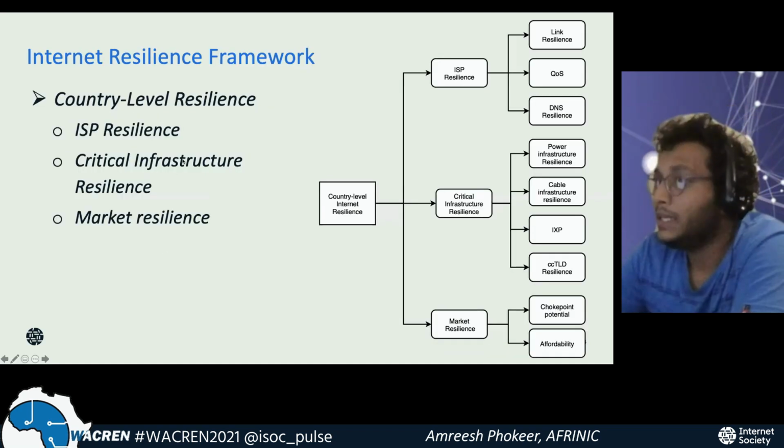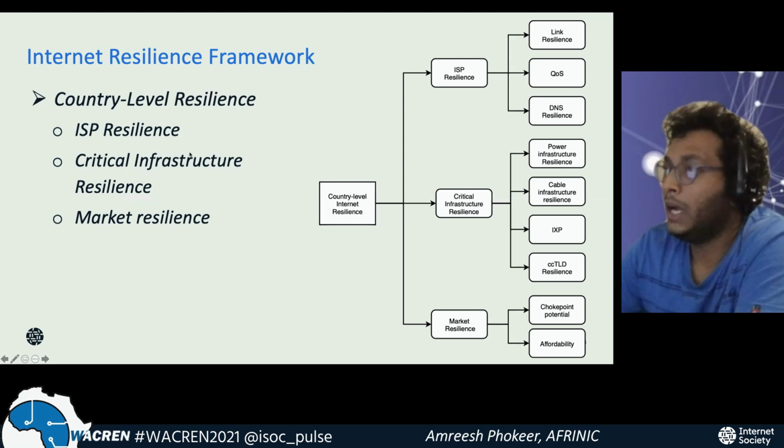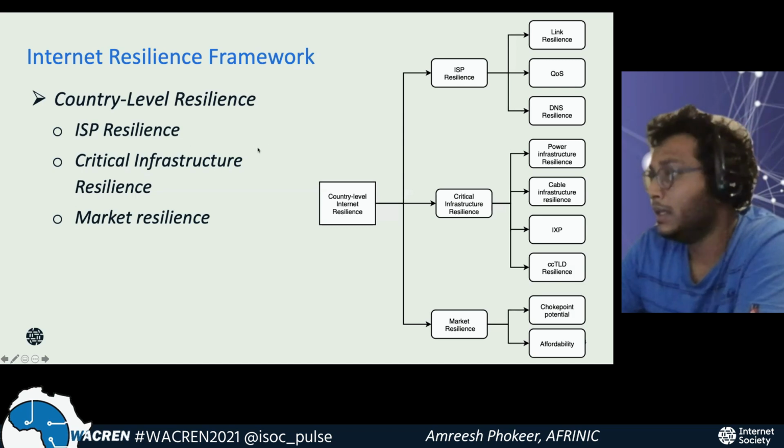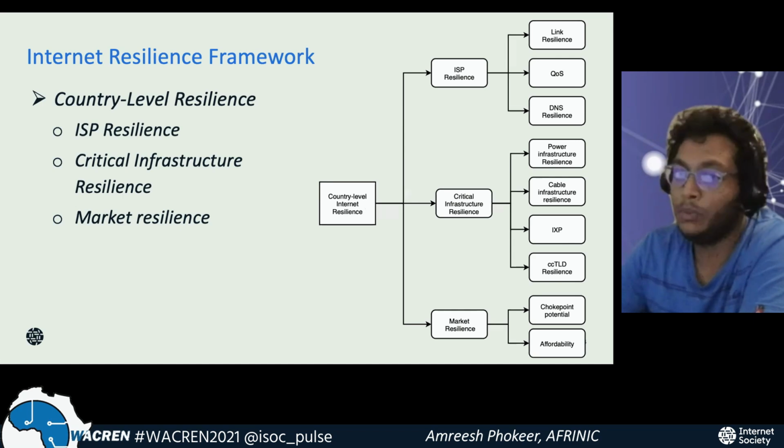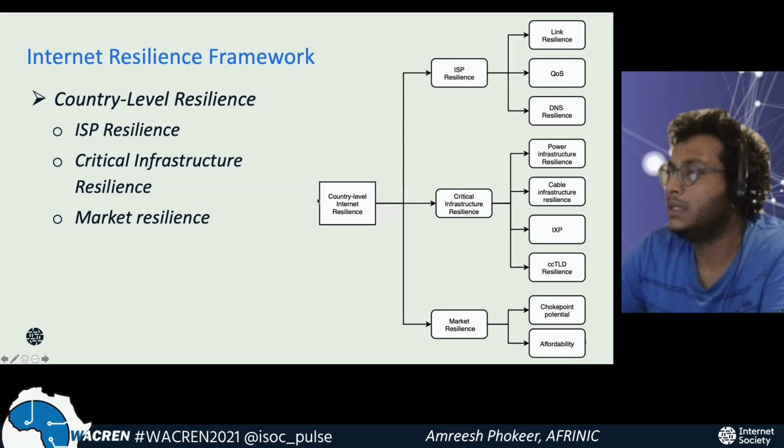So, what is the Internet Resilience Framework? How are we approaching that? I would say it is a rather complex system. Let's say we are going to measure resilience at a country level. Policymakers, or even the end users living in the country, would like to know the level of resilience of their national internet infrastructure. But for this, we have to go into finer details. For example, we'll have to know the resilience of the underlying networks, and the resilience of the critical infrastructure, for example the power infrastructure or the cable ecosystem.